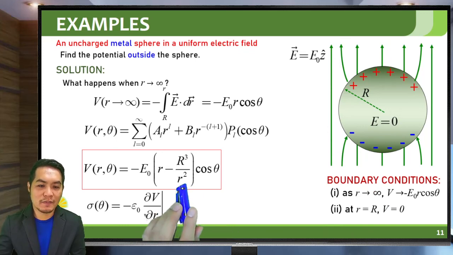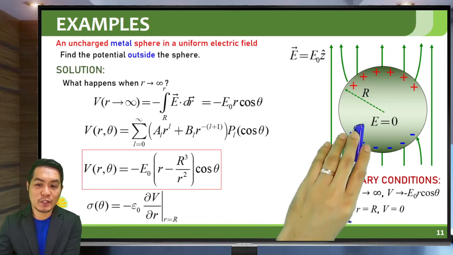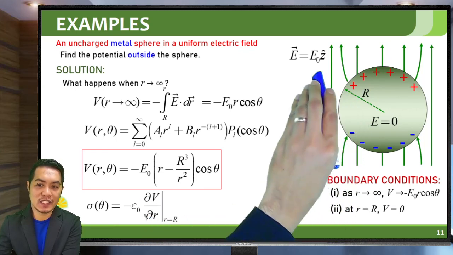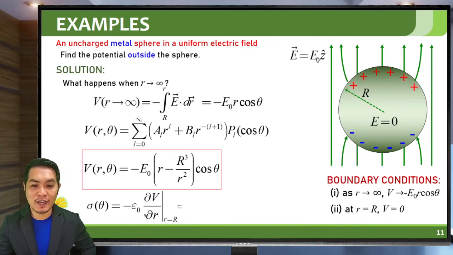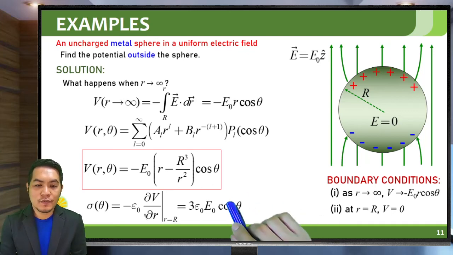If you take the derivative with respect to the normal coordinate, which is perpendicular to the surface, that is the r hat direction, and you get this one, 3 epsilon naught. So it depends on the polar angle theta.